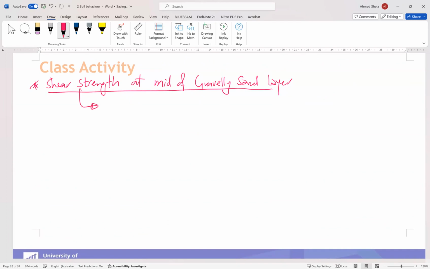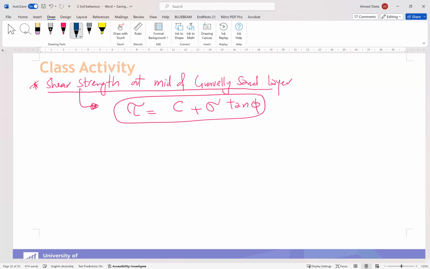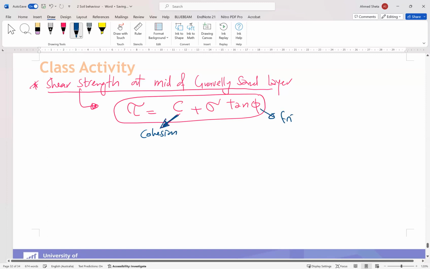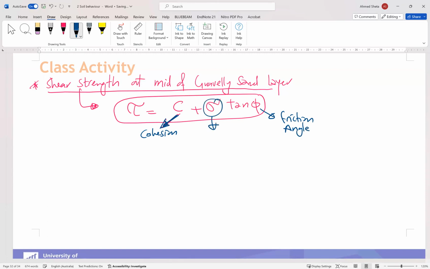What is the formula for the shear strength? Tau equal to c plus sigma tan phi. This is the shear strength formula, where c in this formula is the cohesion, phi is the friction angle, and sigma here is the effective stress.